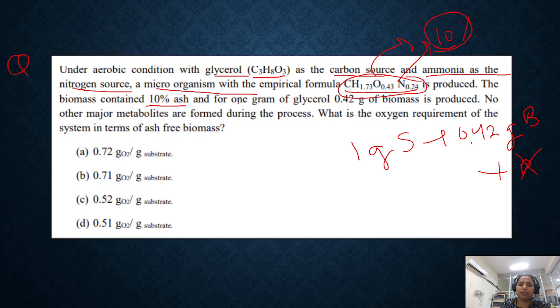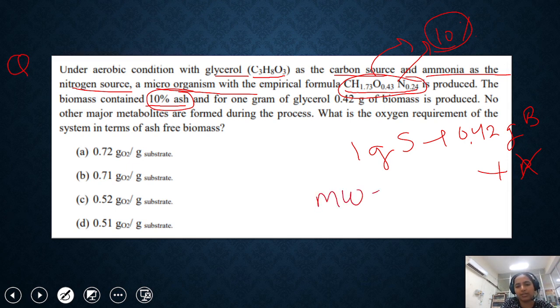So what we have to do: the first major thing they have given is that this biomass is containing 10 percent ash. So when you find the molecular weight of this, then you will consider only 90% of this molecular weight, because 10% is not used.